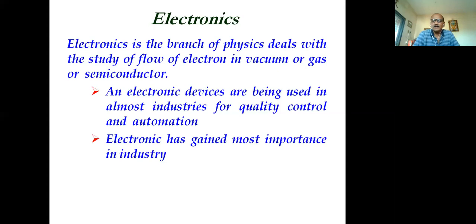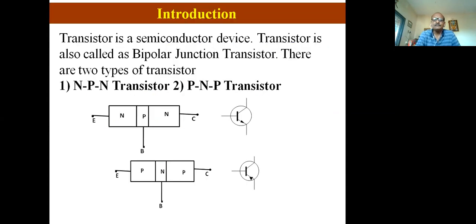If we study carefully and understand the concept of these components, then we can easily understand the electronics subject. Now, let us start the first topic, transistor amplifier.